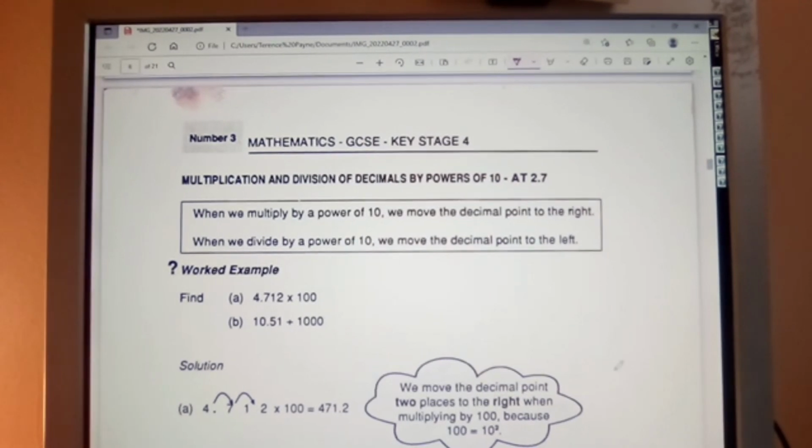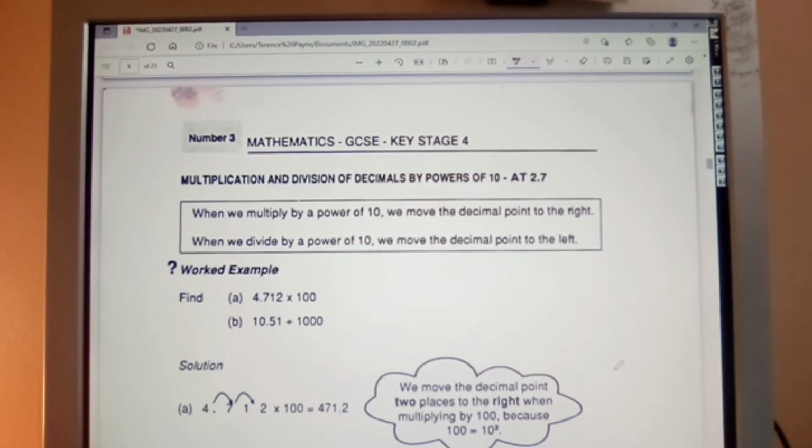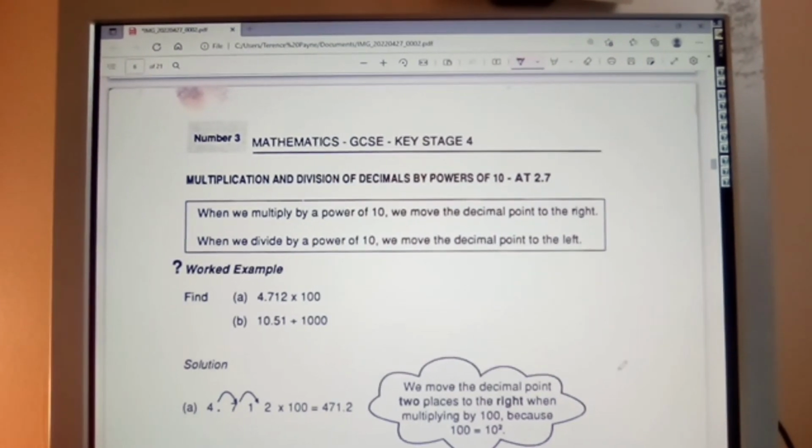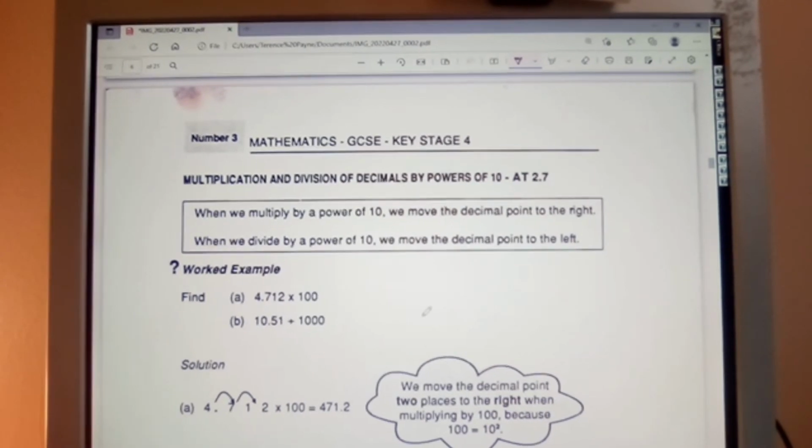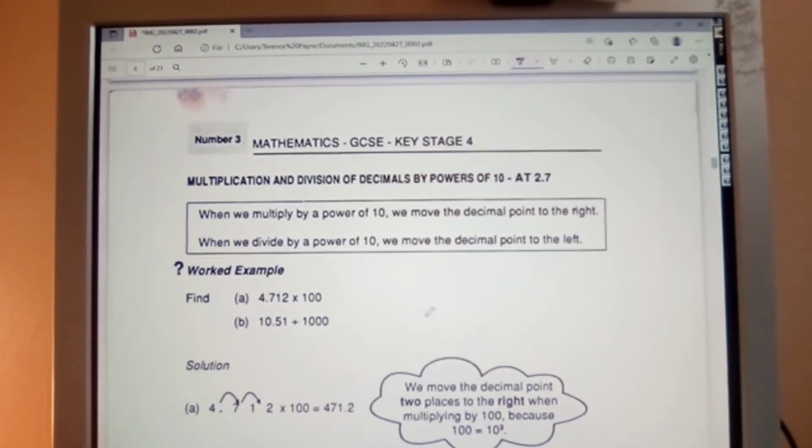How we actually make that happen and bring that to a process. What I want to do is show you how this is multiplied. Even though we can just move decimal points according to the number of zeros we have, we also need to know how to multiply it out.